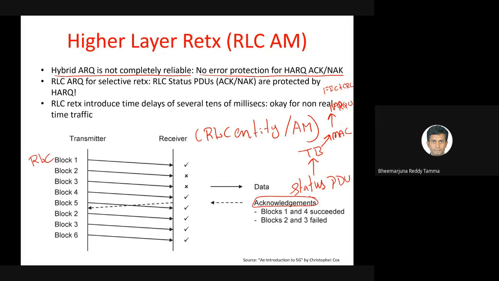Since this is nothing but a payload that is coming from the RLC layer to the MAC layer, in this case, this payload is the one that is carrying the acknowledgement at the RLC layer. So the MAC layer doesn't distinguish between all this. It takes it as a transport block and gives it to one of the hybrid ARQ processes. Then depending on how many times you wanted to retransmit, it will try multiple attempts.